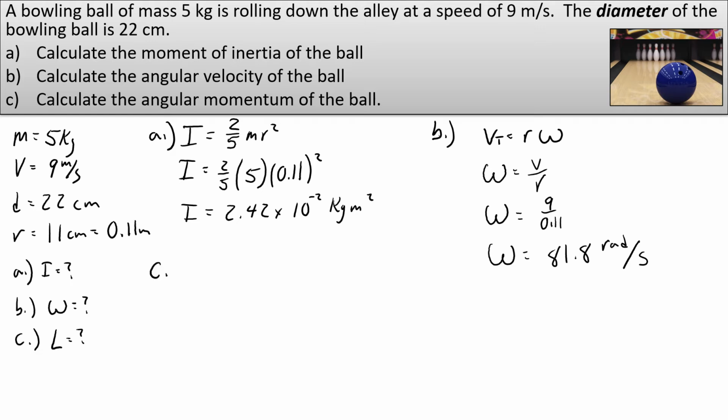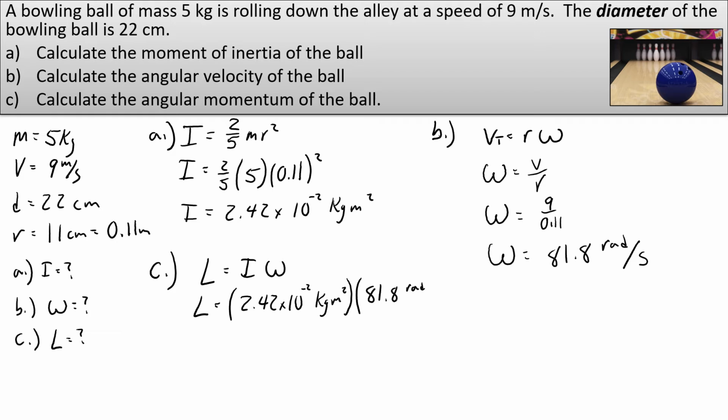Part C, our good old friend, the momentum equation, but instead of p equals mv, it's L is equal to I omega. This is like mass times velocity, okay? Remember? So I'm going to write it with the units so you could see: 2.42 times 10 to the negative 2 kilogram meters squared, and then the angular velocity is 81.8 radians per second. We think of radians as unitless when we do our dimensional analysis.